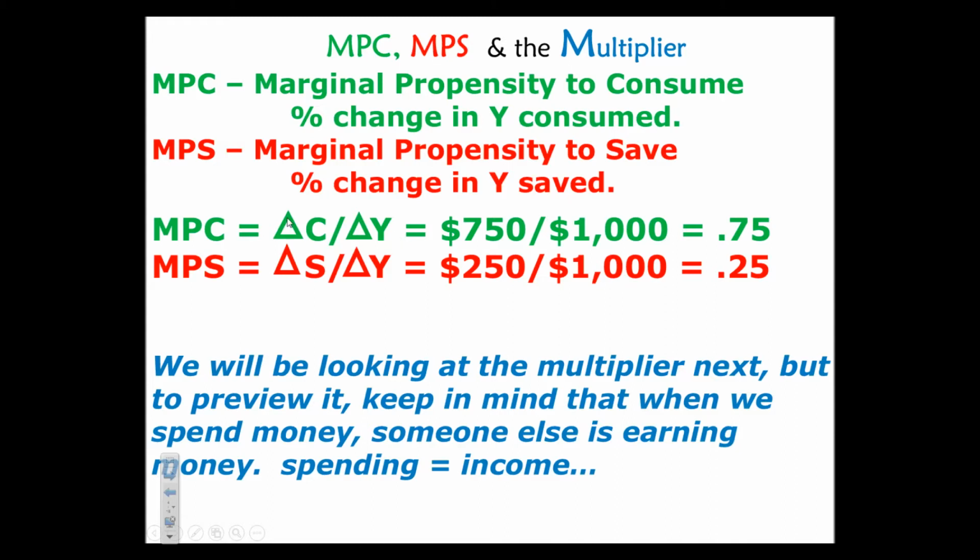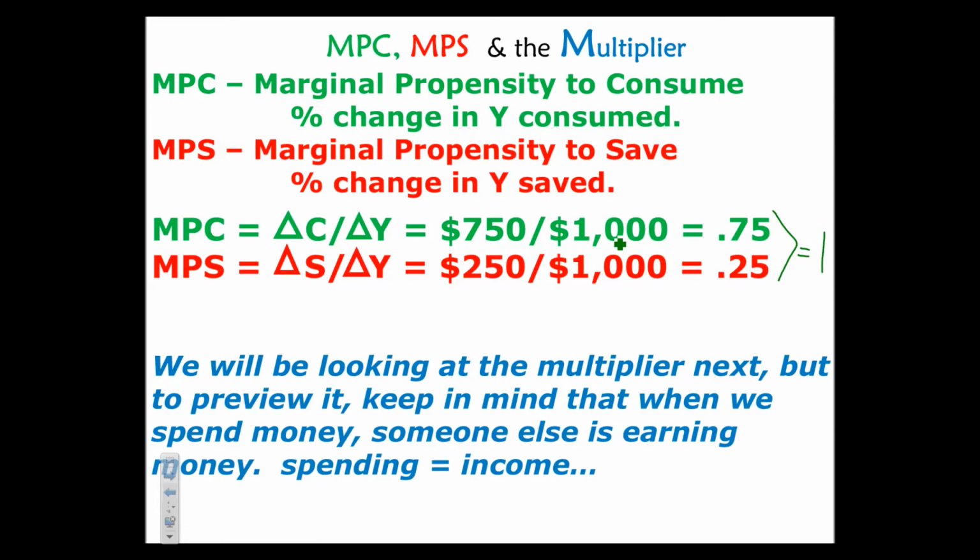Okay? So to calculate the MPC, the marginal propensity to consume, you take the change in consumption and you divide by your change in income. So my change in income is 1,000, and I spend 750 of that, so my change in consumption is 750. So the MPC is 0.75. And again, these two numbers will always add up to 1.